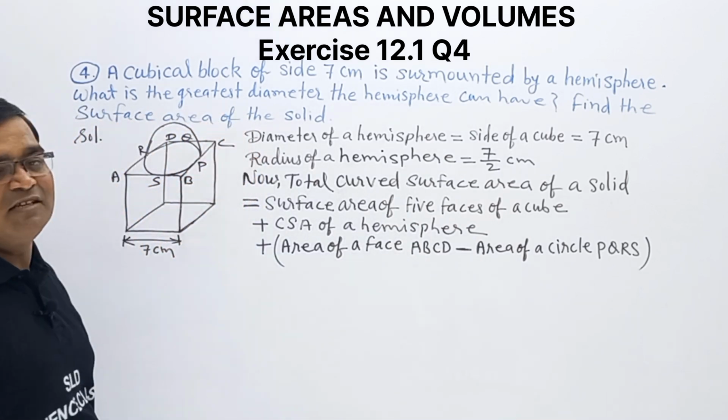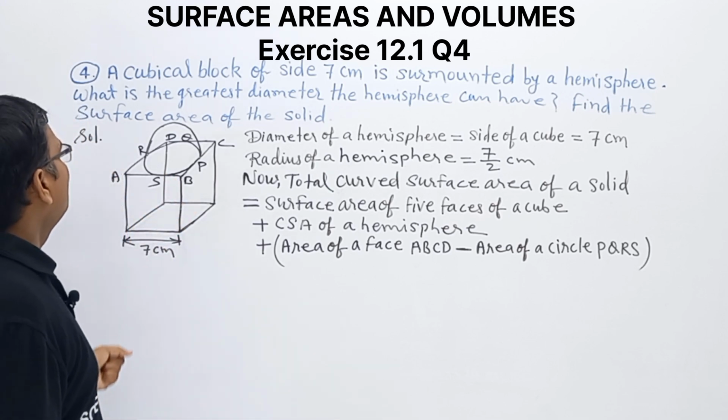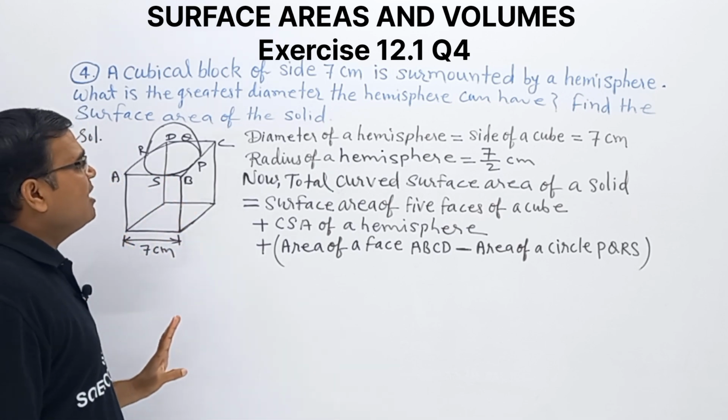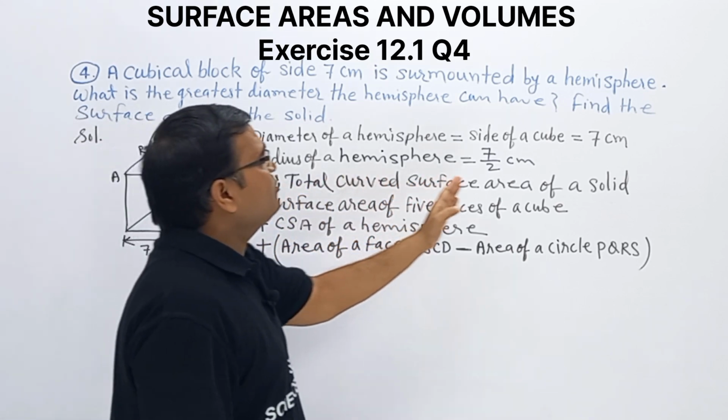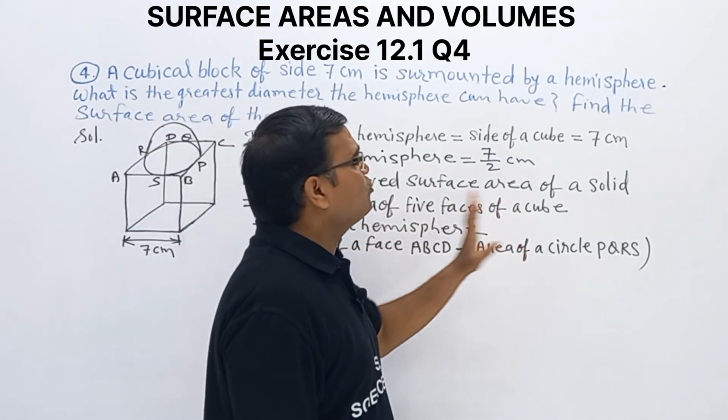Find the surface area of the solid. We want to find the curved surface area of this solid. So how will we calculate the curved surface area? The total curved surface area of the solid will be the surface area of 5 faces of a cube.